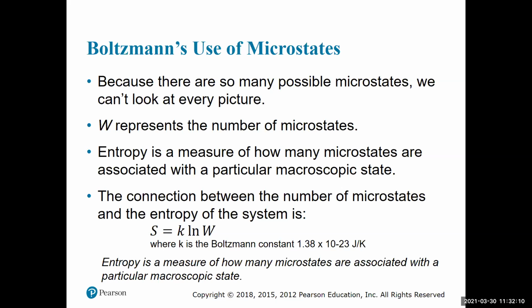You have this macroscopic state that you're observing, and that's a sum of all the microstates in there. He connected the microstates to the entropy of the system through this equation: S equals k, which is the Boltzmann constant, 1.38 times 10 to the minus 23rd joules per Kelvin, times the natural log of the number of microstates, W.